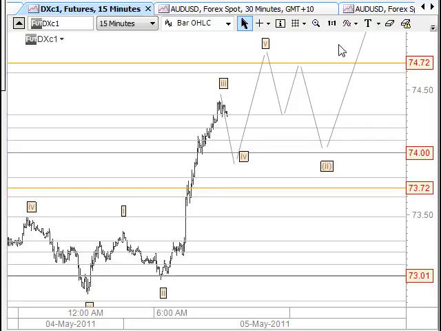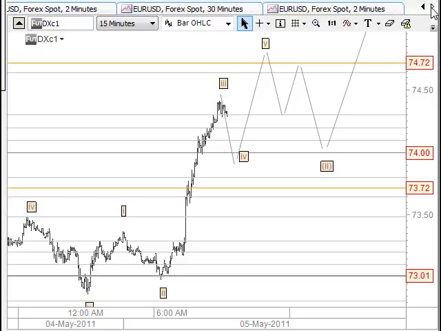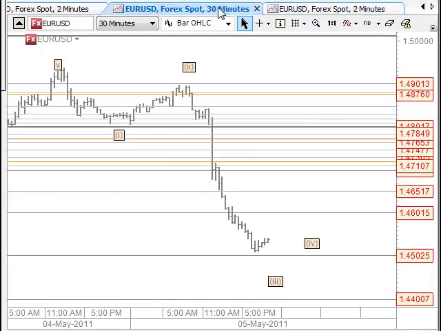And the opposite would be for the euro there. So we have a look at the euro on a 30-minute chart as well, and once again you can see that we've got down for 1, back for 2, and then the 3rd wave coming down. And the 3rd wave, the middle of a wave structure, is always the strongest. So essentially we've got down for wave 1, back for wave 2, down for 3, 4, and coming for 5 here.